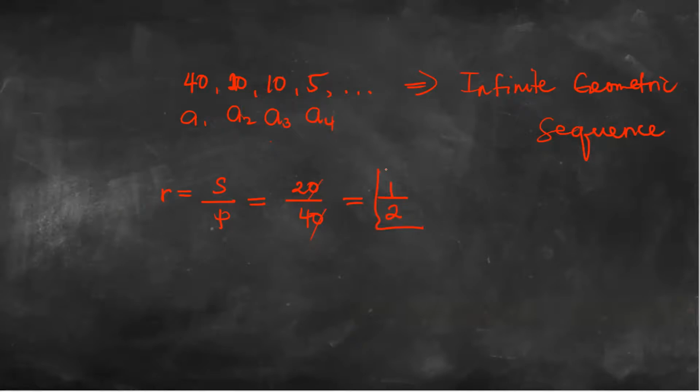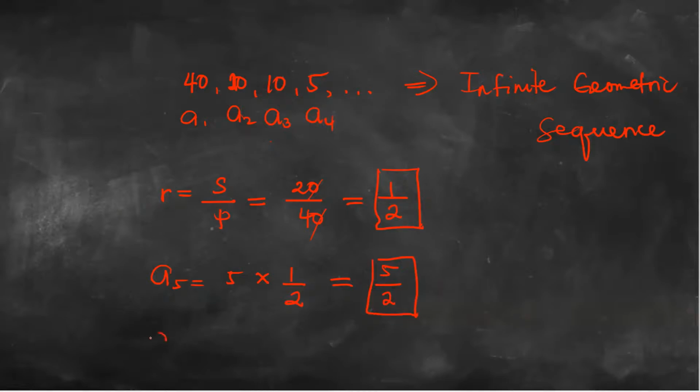So therefore, our common ratio is 1/2. Now, if I look for the fifth term, I will just multiply 5 by 1/2. This will be 5 times 1 is 5, and then just copy the denominator 2. So therefore, this will be our fifth term.